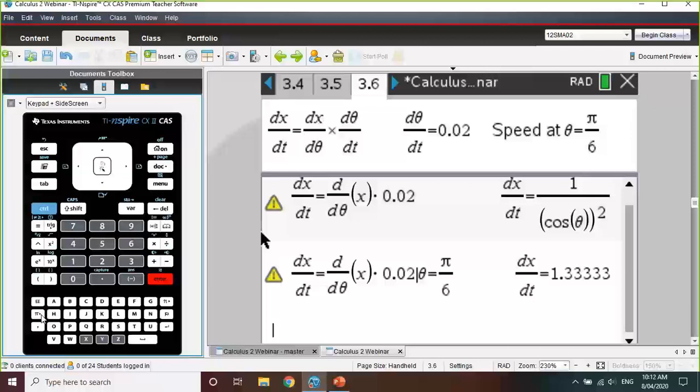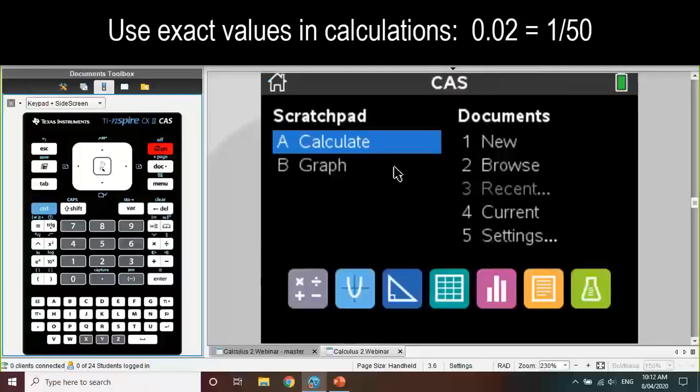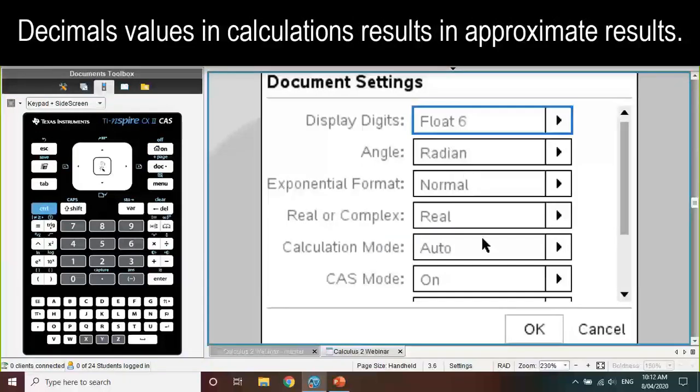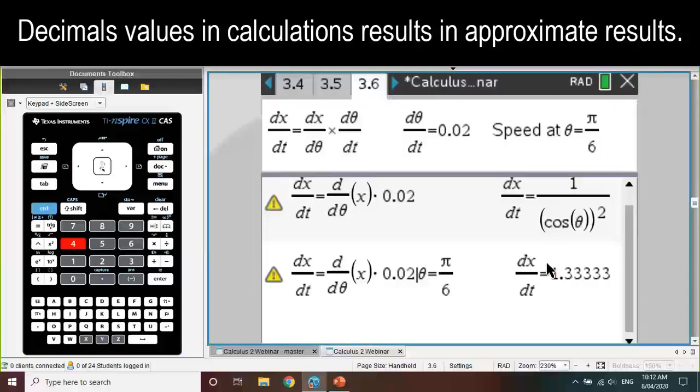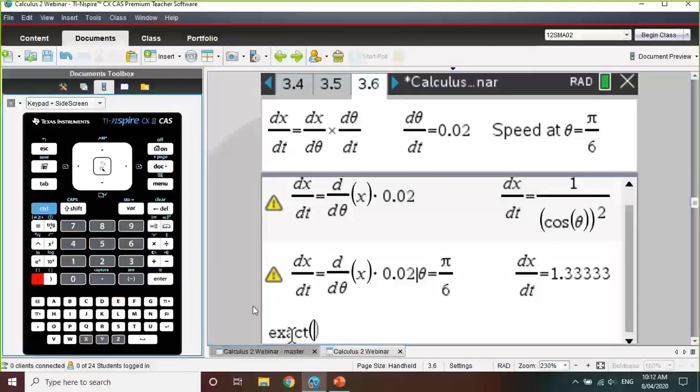If we want it as exact, we may need to check our settings on our CAS. To check that, we can go to the home page, settings, document settings. I'm in order there. If I want to force it as exact, what we can do is type in the word exact, and that appears as normal text.